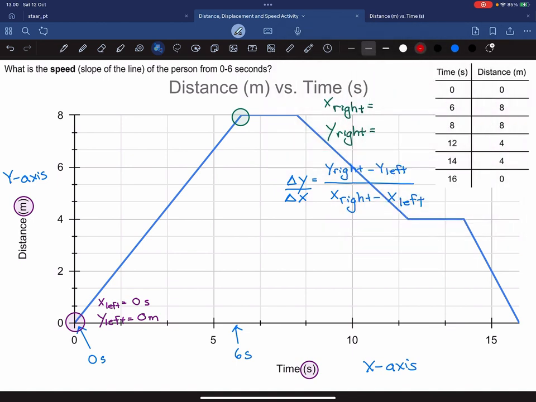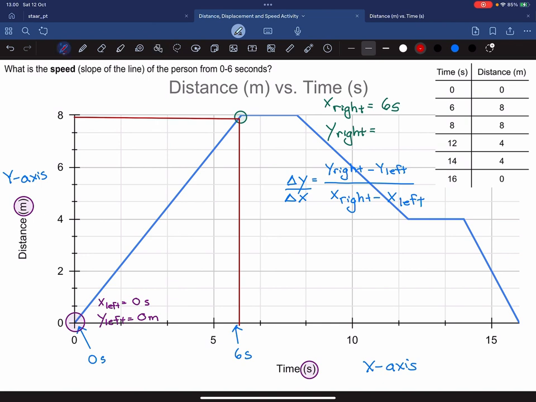So what is my x right? My x right is 6 seconds. And my y right is 8 seconds.